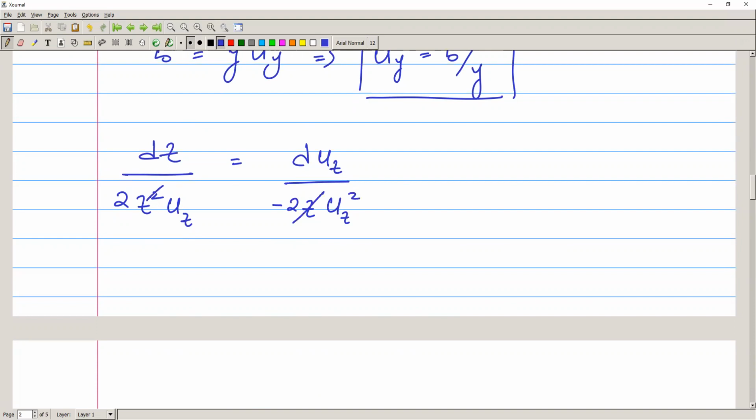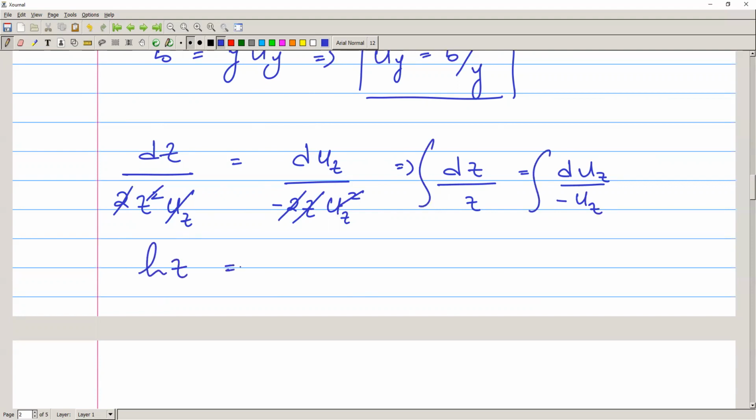So this z will cancel out with this z, this uz will cancel out with this uz, so we will only be left with dz divided by 2z is equal to duz divided by negative 2. Instead, in fact, we have to cancel this also, so we can only write z and here negative uz. So this is also a separable equation, so we'll solve it.